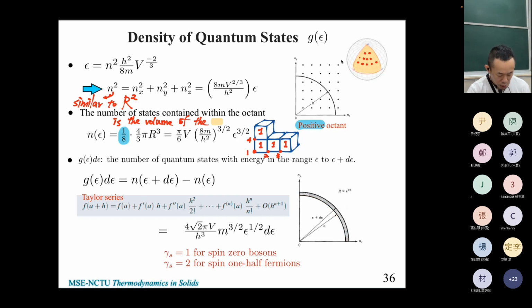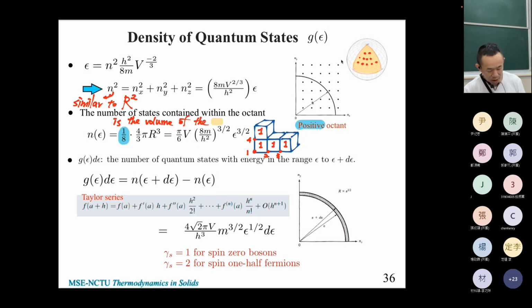Okay, so here g(epsilon) d epsilon is the slightly thin shell, and then how many points are inside that shell. So this is N(epsilon plus d epsilon). Of course, this is the outer surface, and N(epsilon) is the inner surface.